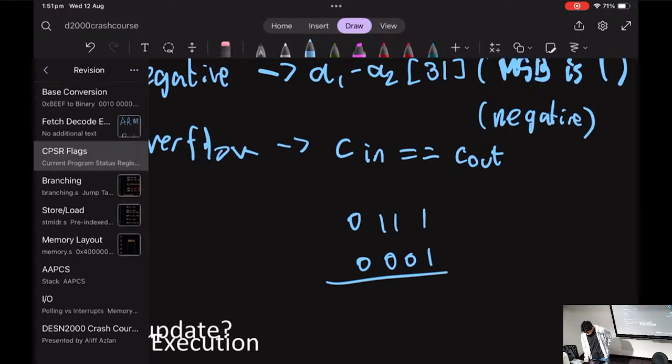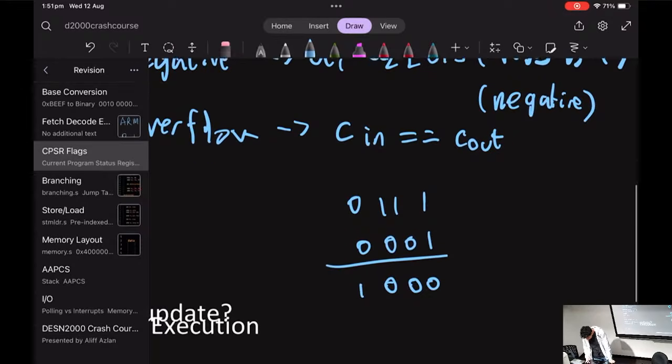So obviously, as you can see, this number would lead us to something like that, right? If we're using unsigned, this is not a problem. But as soon as you think of this as a signed number, what do you notice? We've gone from two positive numbers into a negative number. And that's what overflow is trying to detect.